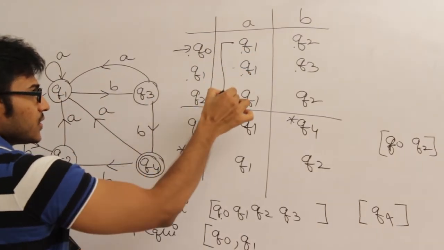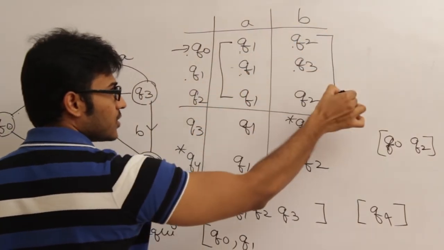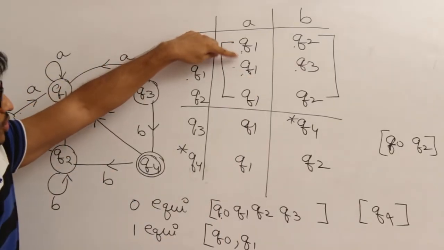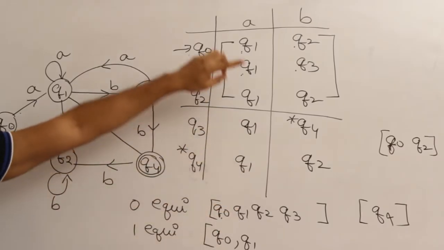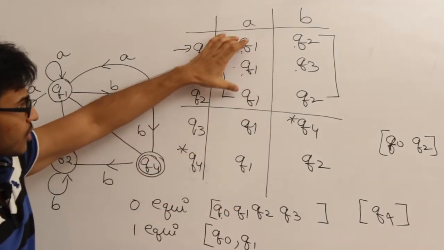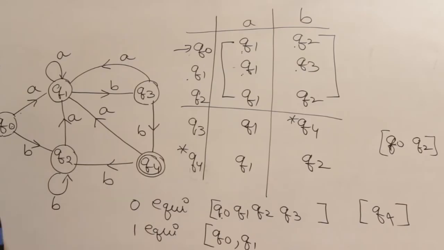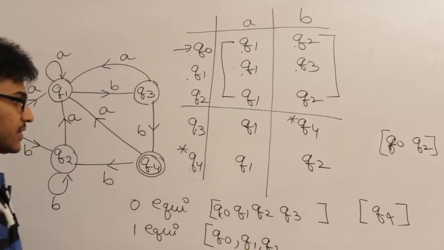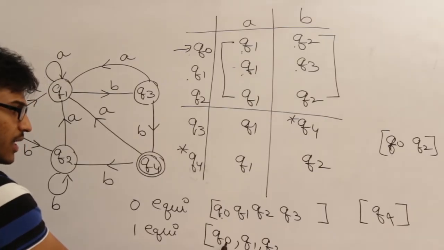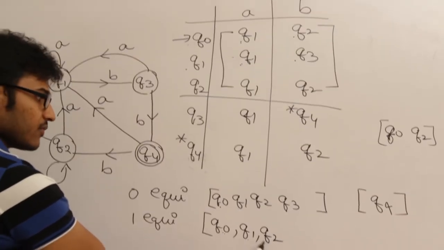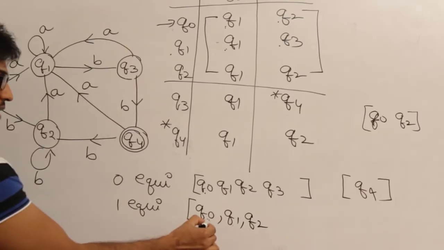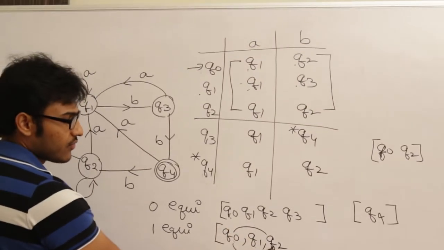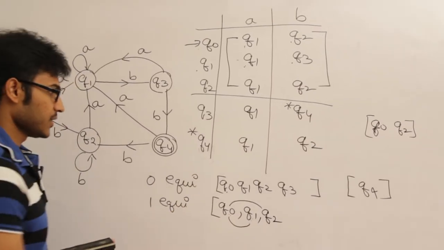Just check them. Q0 and Q2 both are going to Q1, which is in the same state, and both are going to Q2. When they are going to the same states, they are obviously equivalent. Therefore Q2 is equivalent to Q0. Since Q1 is equivalent to Q0, and Q2 is equivalent to Q0, therefore Q1 is equivalent to Q2. Already we know that these two are equivalent.